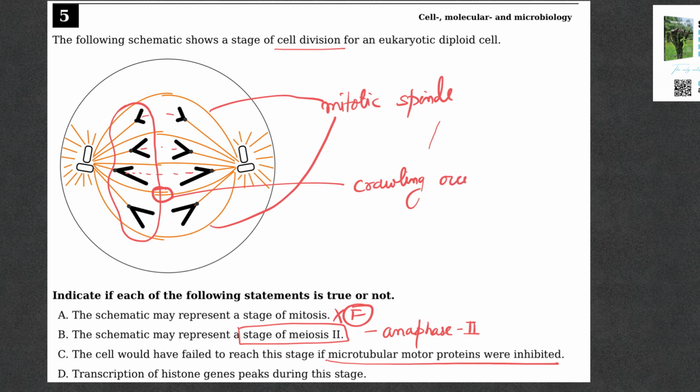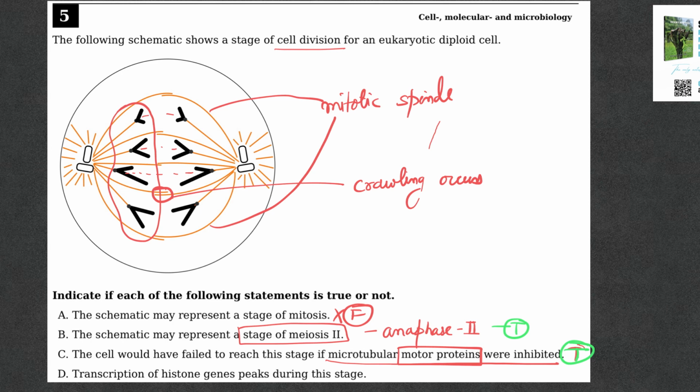This is where the microtubules walk on each other in the opposite direction, and hence the spindle pulls apart the chromatids. If these motor proteins are inhibited, then it will not occur. So this is true. And this is false.